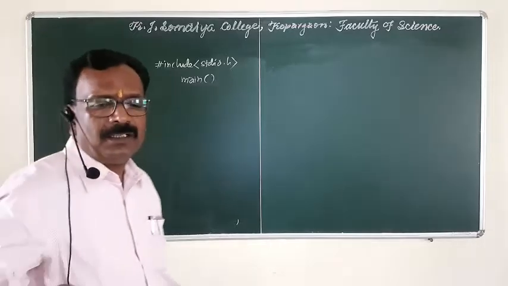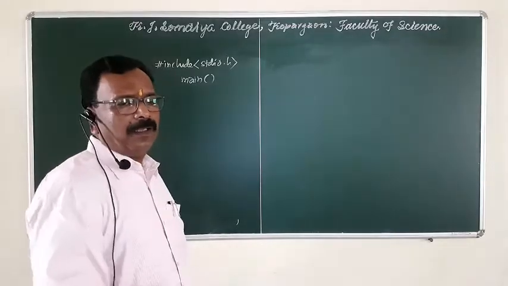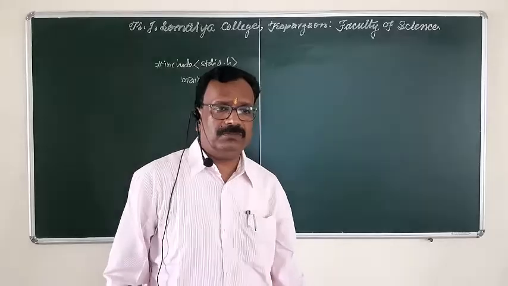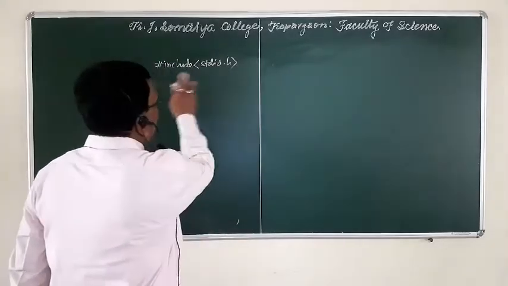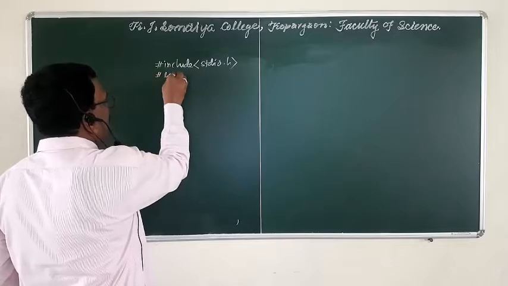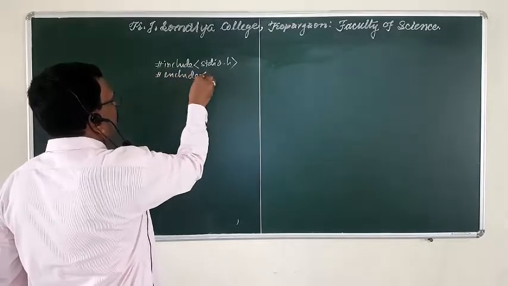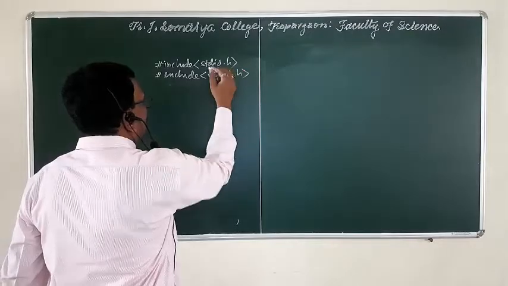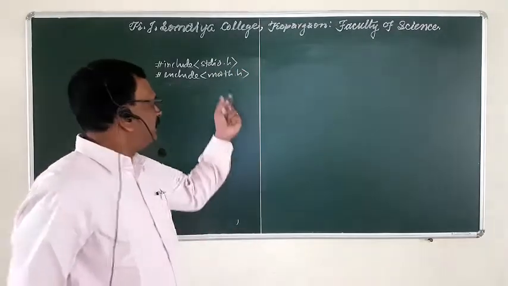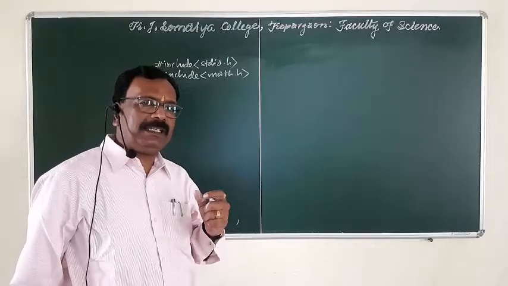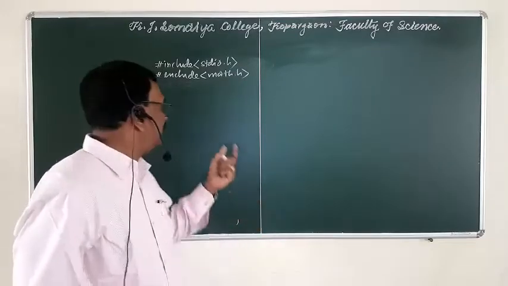Okay. See the next program. Again, a program to find the square root of a positive number. Here we can include a file math.h, which is also a header file, which includes some important information regarding mathematical operations.